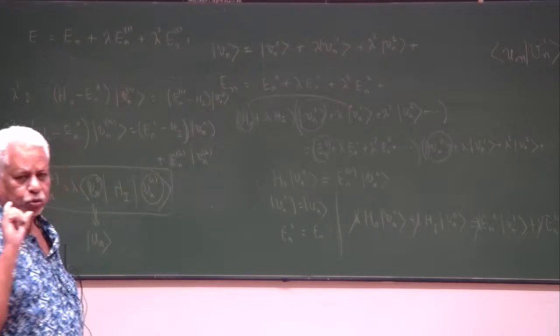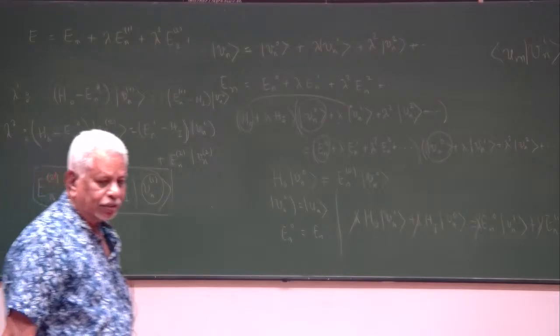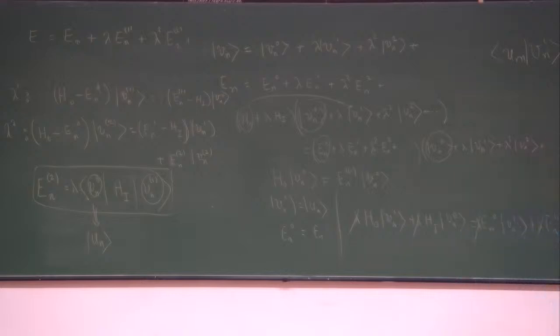But there is one complication which I didn't tell, and that complication I am going to do in the next few minutes. That complication is, what happens if you have a state which is degenerate? You have degeneracy in the states, like in the two-dimensional oscillator.